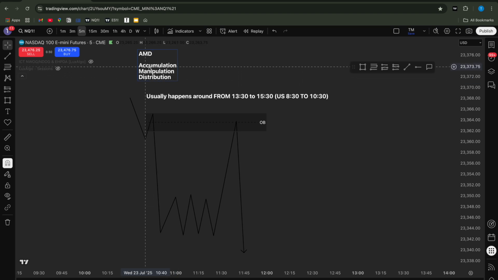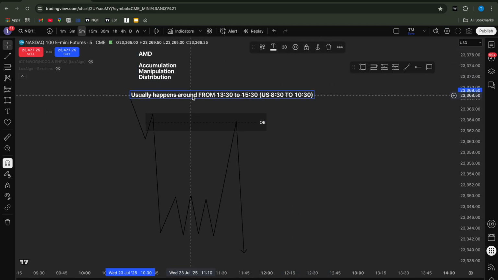The market's either accumulating, manipulating, or distributing. It's always doing one of the three at all times, unless it's news, and when it's high impact news, the market just does whatever it wants. Technical analysis doesn't really matter when it comes to high impact news events, so bear that in mind.